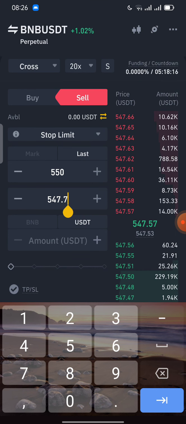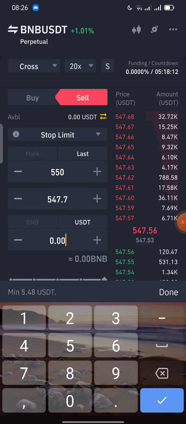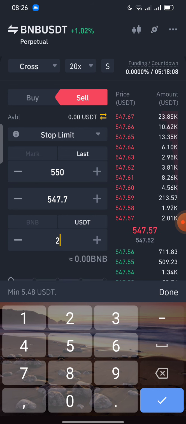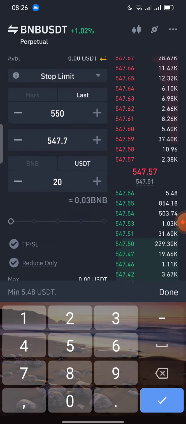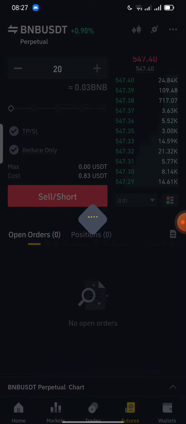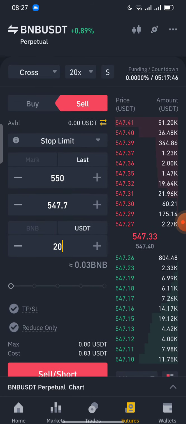Okay, so how much do you want to trade here? I want to trade 20 here also, so you can do sell short. It says confirm sale, so your stop price is 550, amount 20, price 547, so confirm sale. Here I don't have sufficient money, so it's saying insufficient margin.